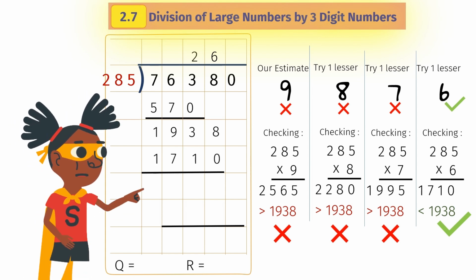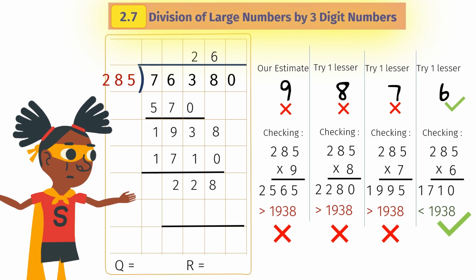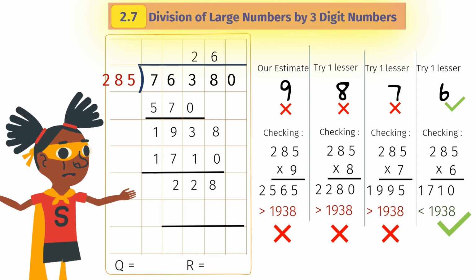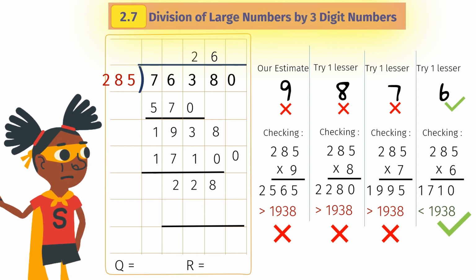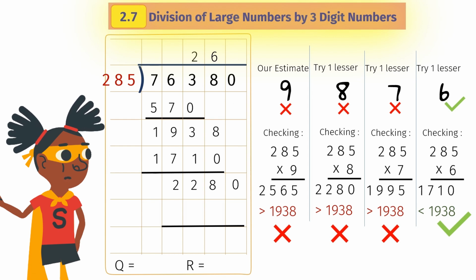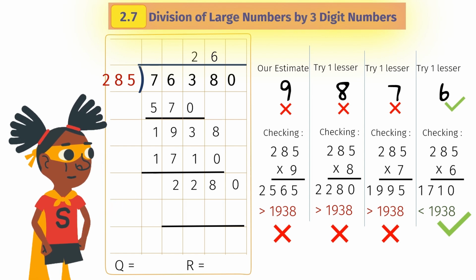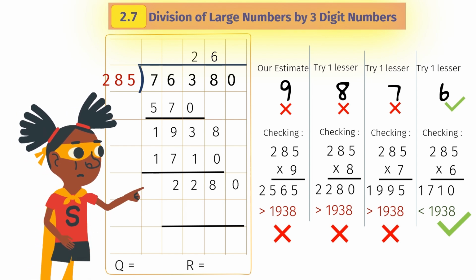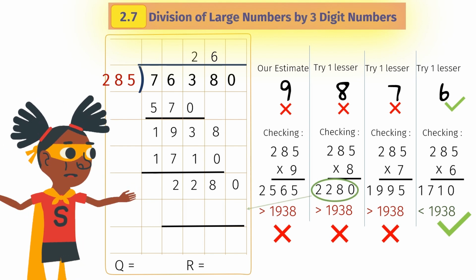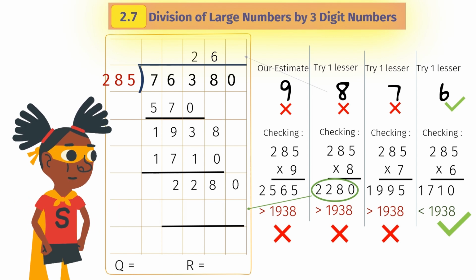We write 6 and 1710 in the right places. Subtracting 1710 from 1938 gives us 228, and we get 0 from the dividend. Now, we don't have to do all the multiplications again. We already have 285 into 8 equals 2280, which is exactly what we need.